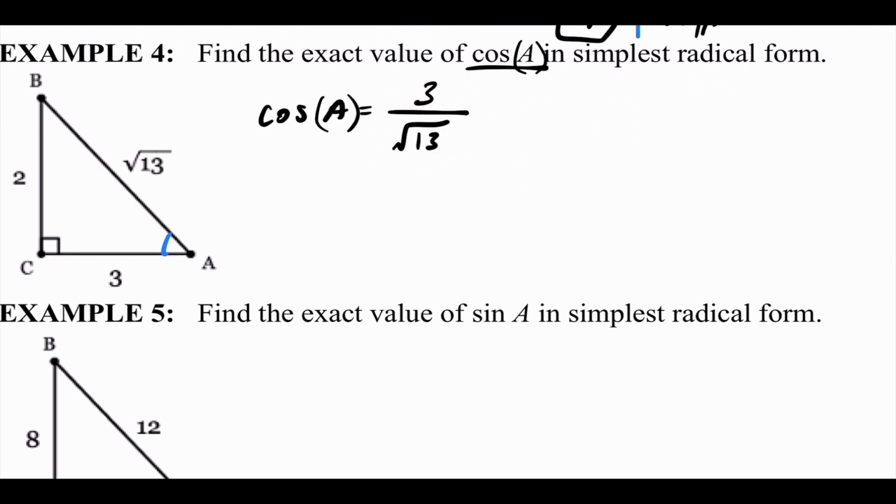But I can't have a root on the bottom. So how do I take care of that? It's called rationalizing. Rationalizing involves multiplication. I'm going to multiply by that thing that's causing issues, which is the root. Whatever I do to the bottom, I have to do to the top because it's a fraction.